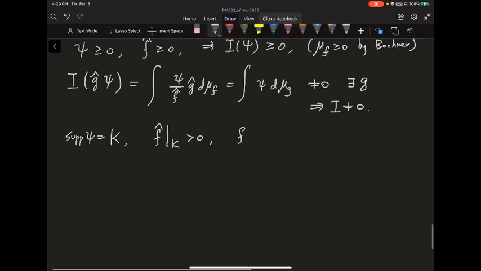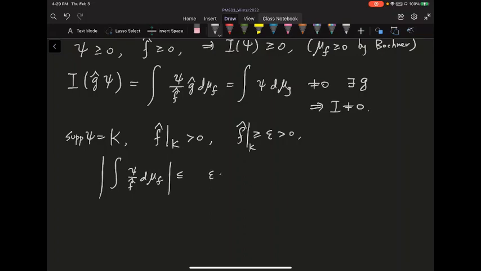So your f̂ restricted to K is bounded below by some ε strictly greater than 0. And then if you look at your integral, ψ divided by f̂ dμ_f, if you take the absolute value, it's going to be bounded above by ε times the integral of ψ dμ_f, and that's going to be bounded.